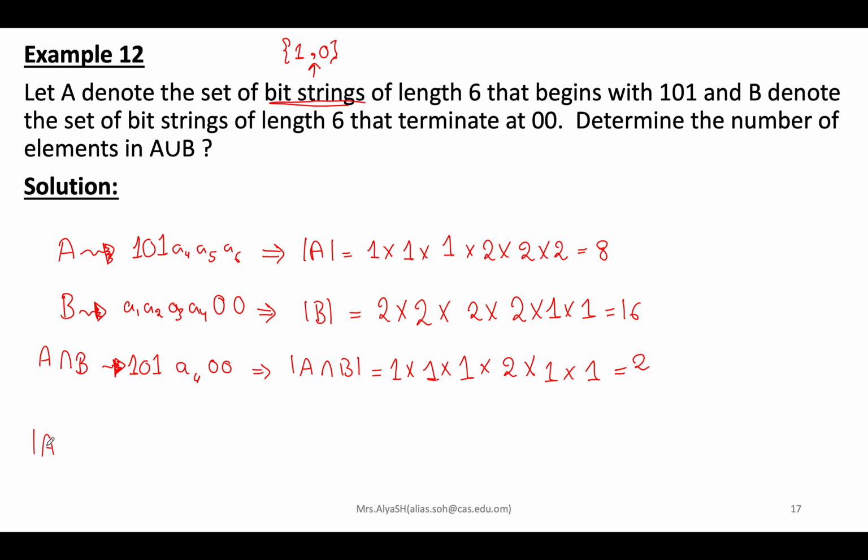Now the number of elements in A union B equals the number of elements in A plus the number of elements in B minus A intersect B. This equals 8 plus 16 minus 2, and we get 22 bit strings.